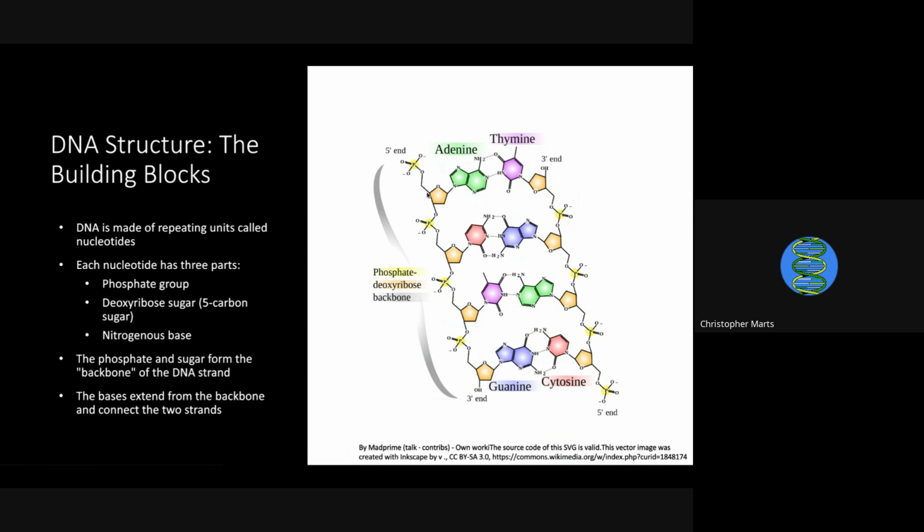We have that phosphate, we have a deoxyribose, that's the pentagon shaped thing here, and then we have a nitrogenous base. And there are those 4 different bases: adenine, thymine, cytosine, guanine. So a base, a sugar, and that phosphate make up the nucleotide, and then those nucleotides are going to bond together to actually form the DNA strands.